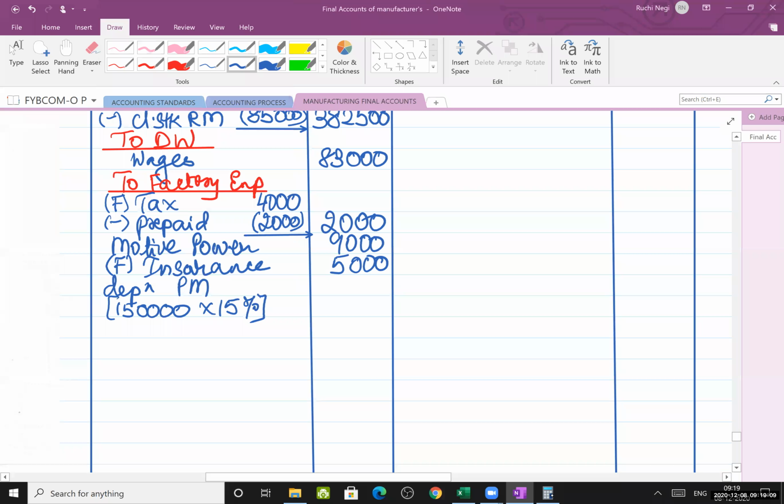So we are done with this: factory taxes, motive power, factory insurance.